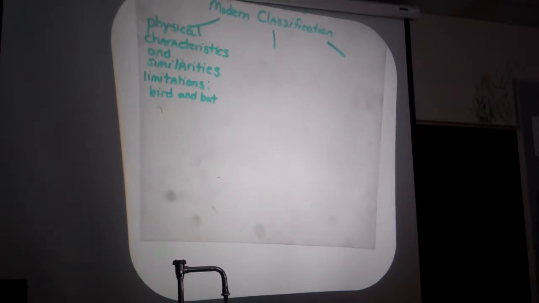By the way, if you didn't already know, they're 2 completely different organisms. Bats are mammals and birds are, well, not mammals, they're birds. So they're not even part of the same group at all. They're not even closely related. But if you looked at them from just a physical characteristics look, they kind of do look that way.